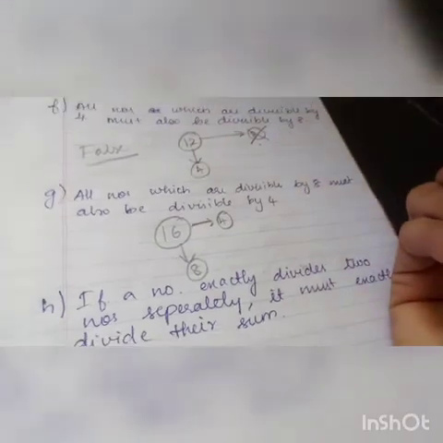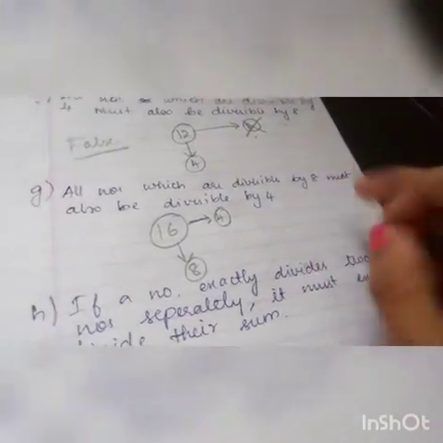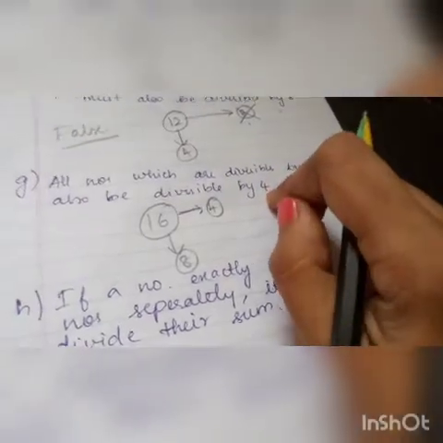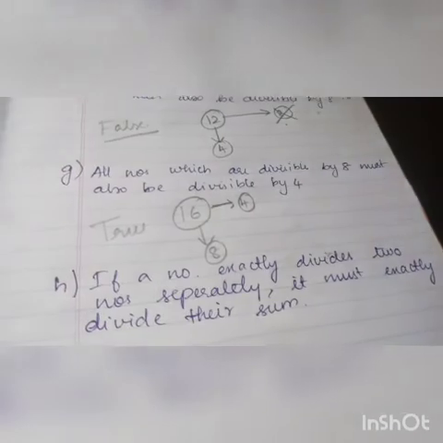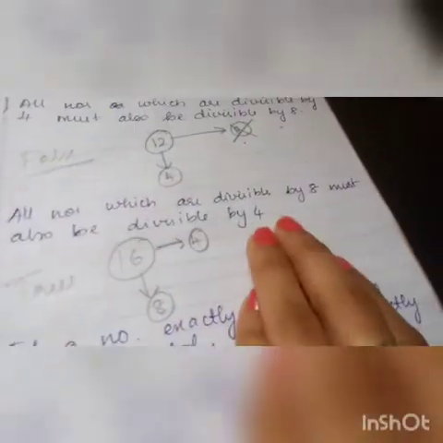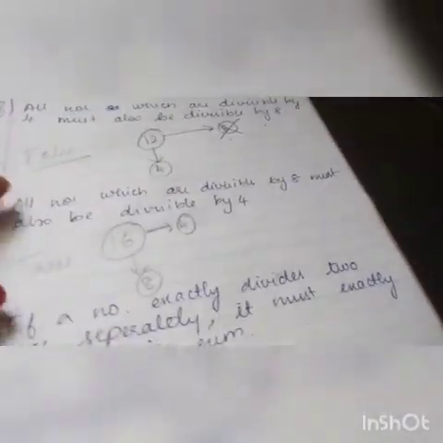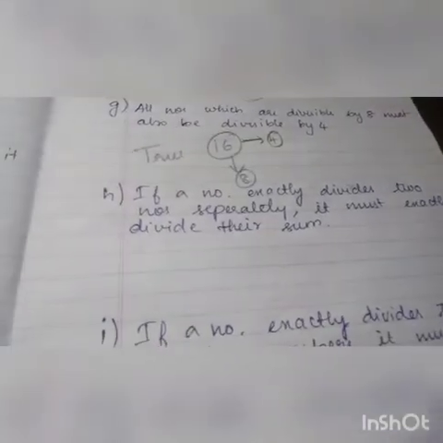Likewise, you can take any number which is divisible by 8, and it will also be divisible by 4. So this statement is true. Did you understand the G question? If it is divisible by 8, it must be divisible by 4. The reverse is not true. Understood?